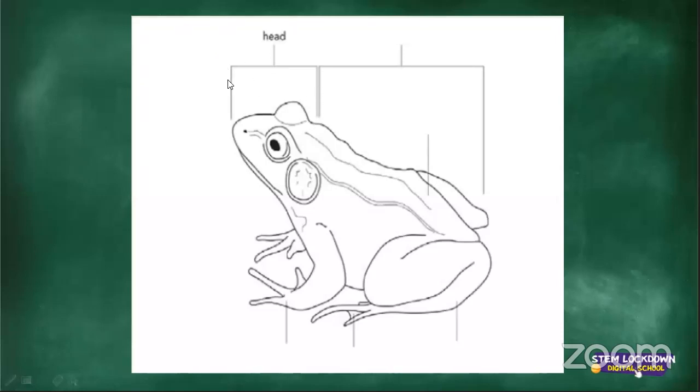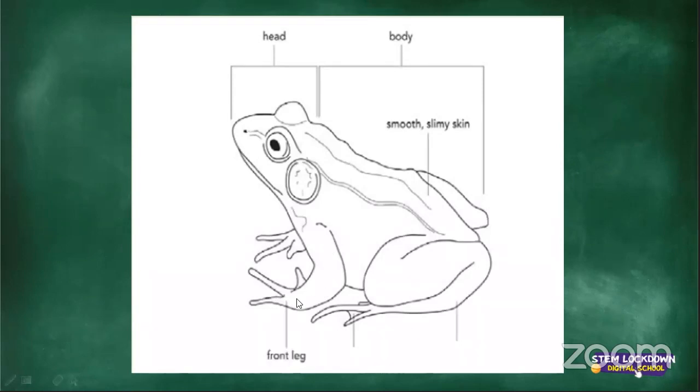Smarty class. That is the head. This part here is the body. All of this. The body covering is a smooth and slimy skin because it needs to be in the water also.